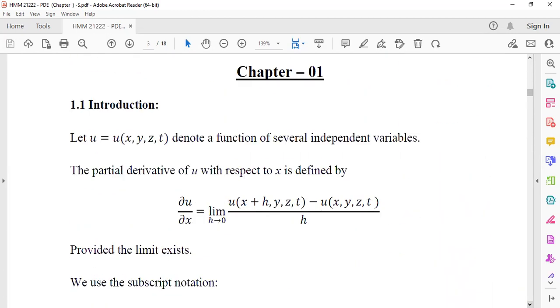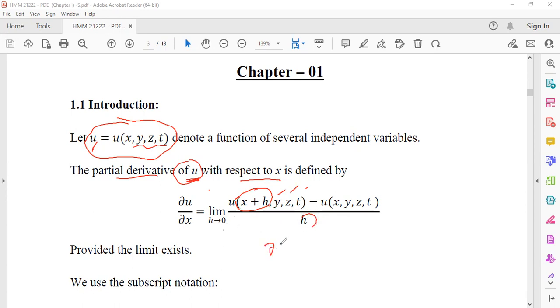First of all, we have seen some definitions, the real definition of partial differential equations. As you can see, this is the function of the dependent variable, and these are the independent variables. When defining the partial derivative of u with respect to x, we consider all other variables y, z, t as constants, and we take the difference between u at x plus h and at x, divided by h, taking the limit as h tends to 0.